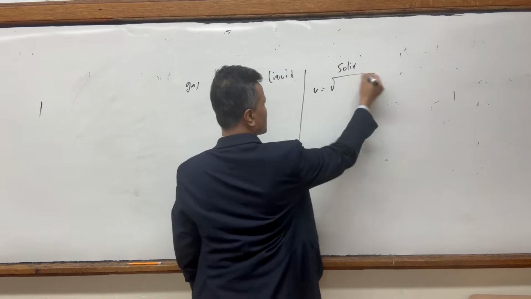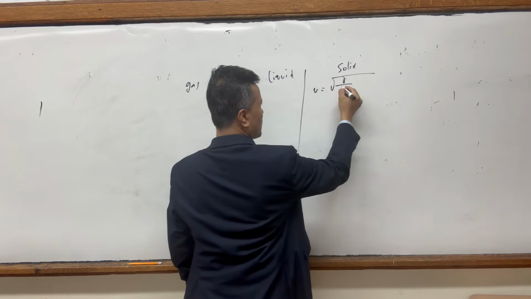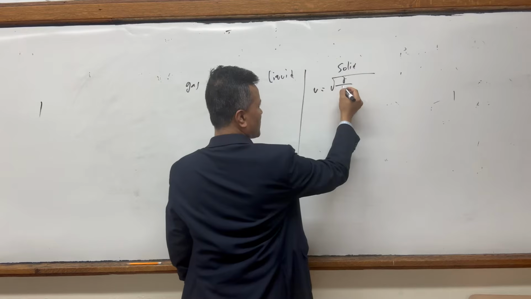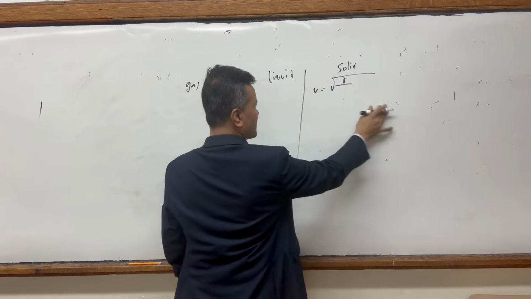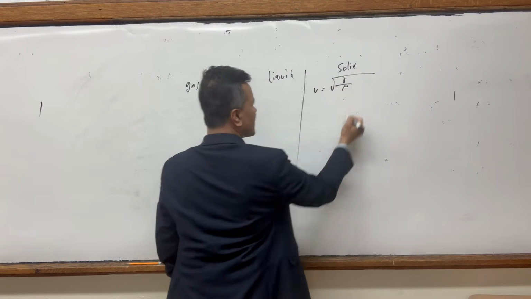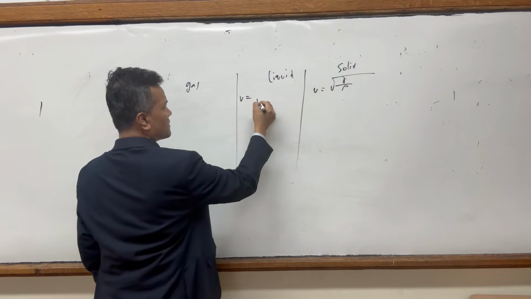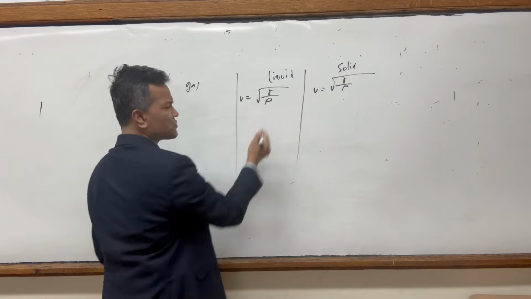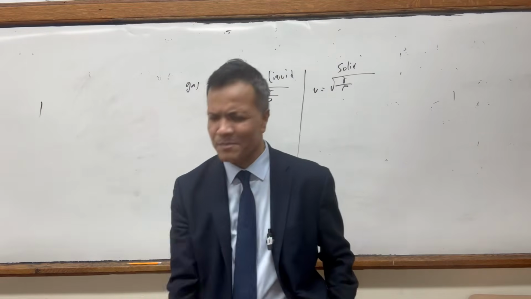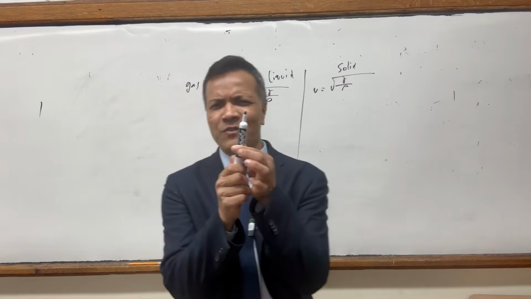For the solid, velocity is the square root of the bulk modulus over density. This is the velocity of sound. So what is bulk modulus? Try to understand bulk modulus.